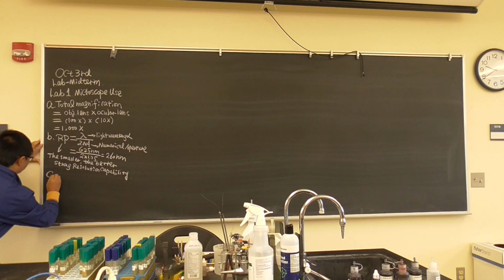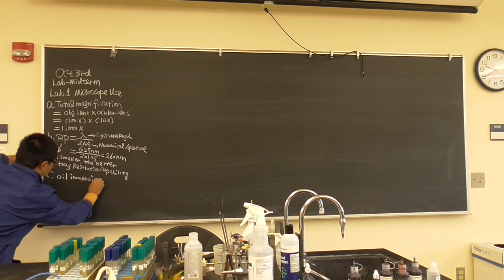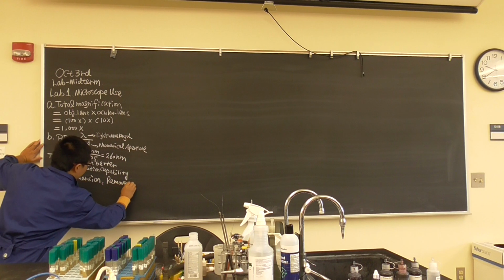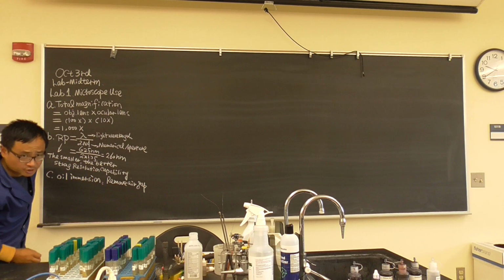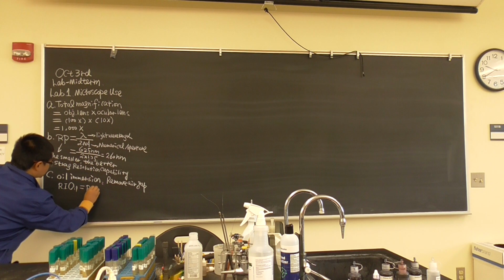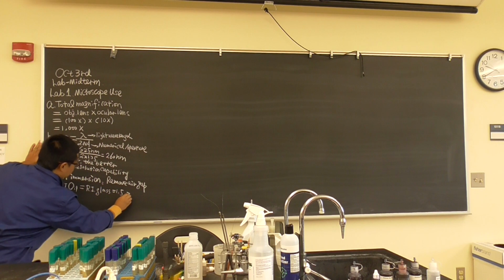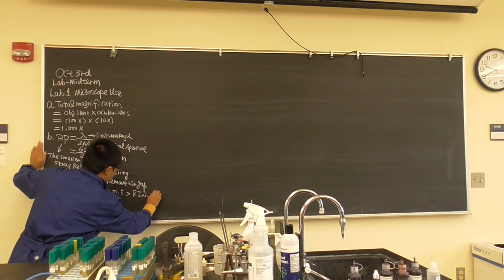Now, number three, obviously, we talk about oil immersion. You need to know that the function of oil immersion is to remove the air gap. During light refraction, the refractive index of oil equals the refractive index of glass, which is 1.5, and that is larger than the refractive index of air, which is 1.0.